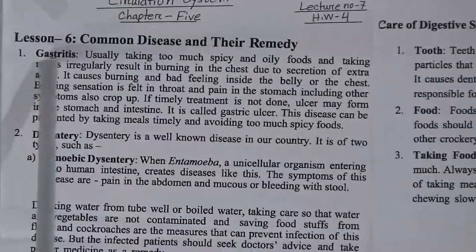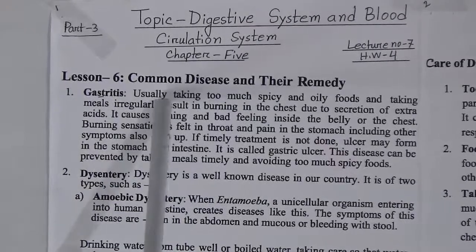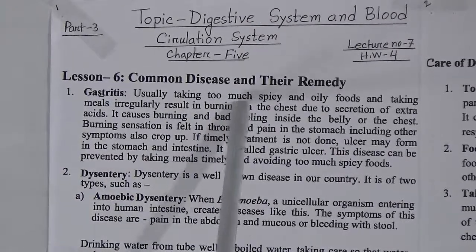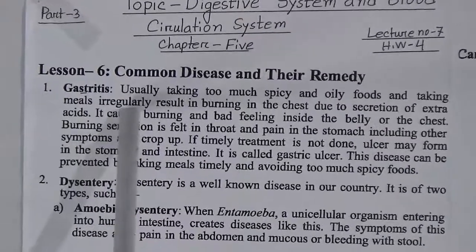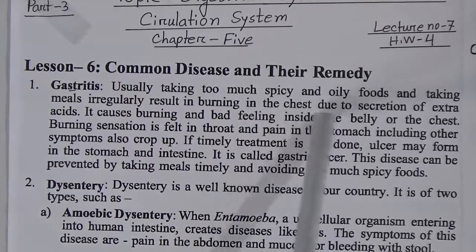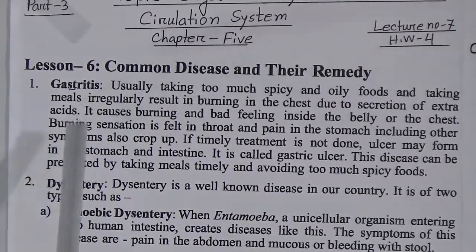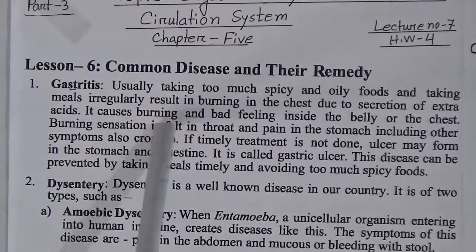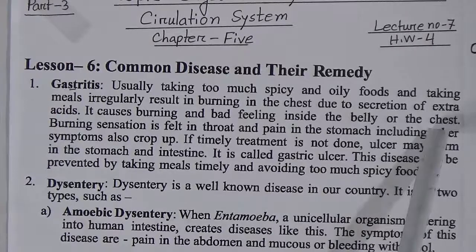Number 1, the disease name is gastritis. Usually taking too much spicy and oily food and taking meals irregularly result in burning in the chest due to secretion of extra acids. It causes burning and a bad feeling inside the belly or the chest.